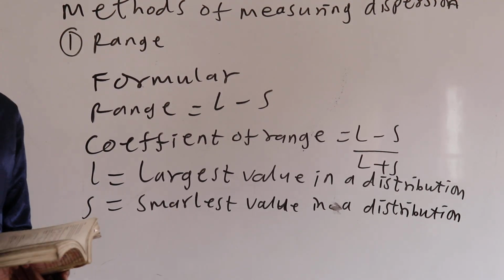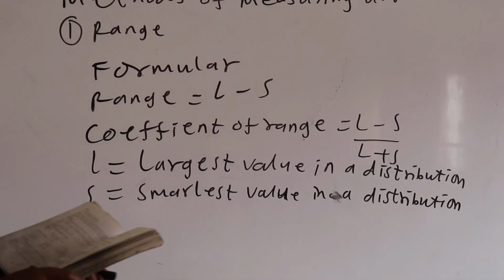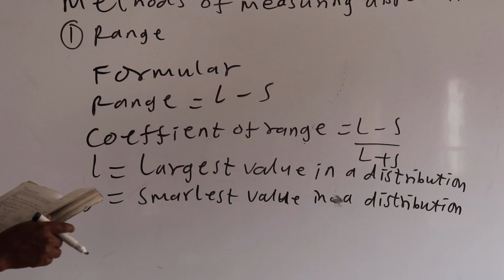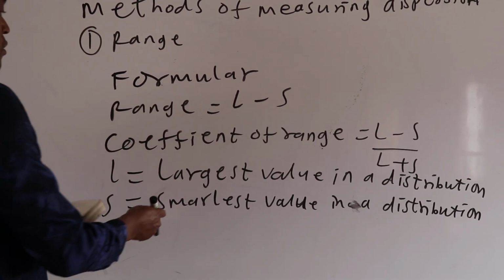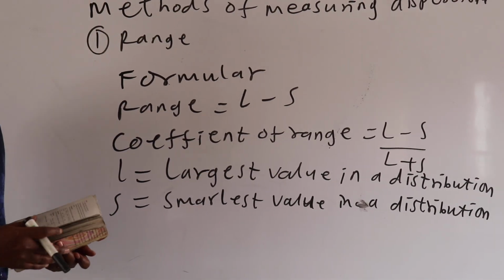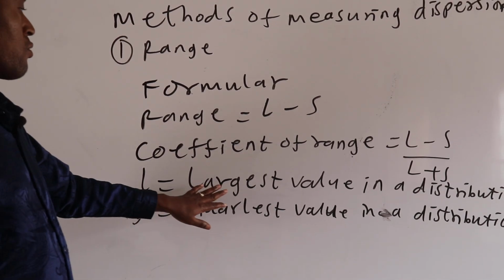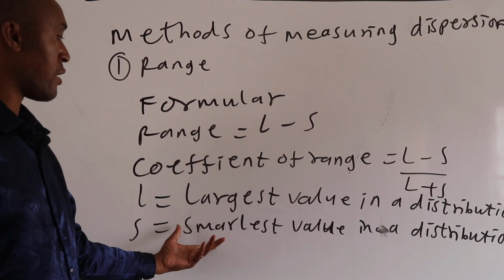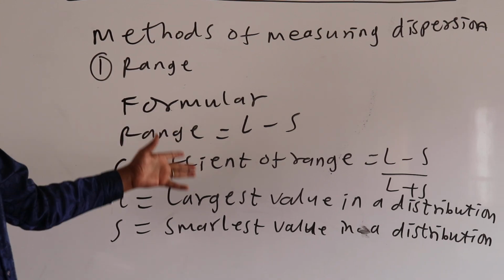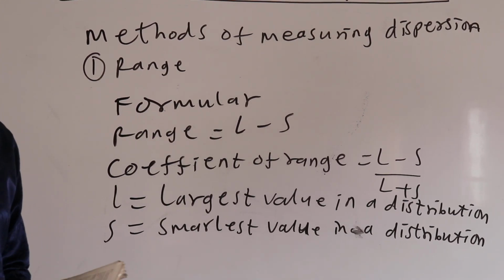You need to understand which values these are. When you are able to identify from the question which is the largest value and which is the smallest value, you just pick them and replace them in our formula.